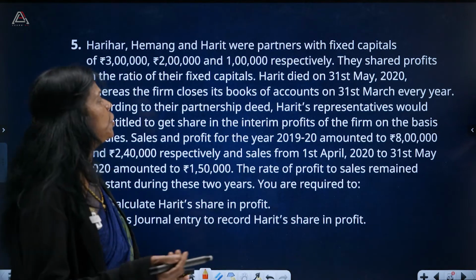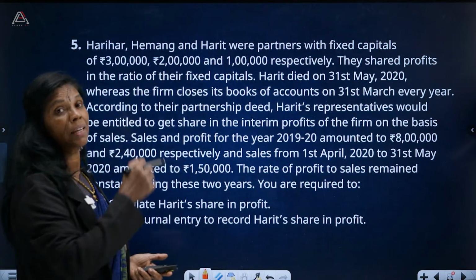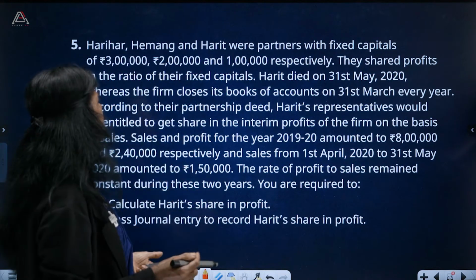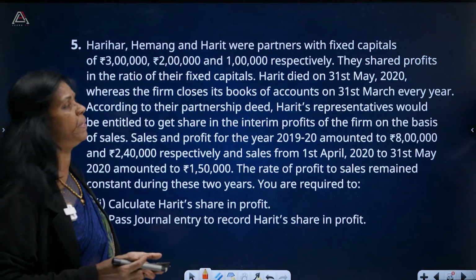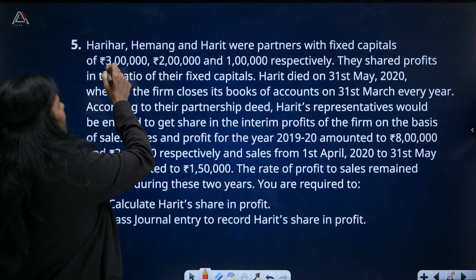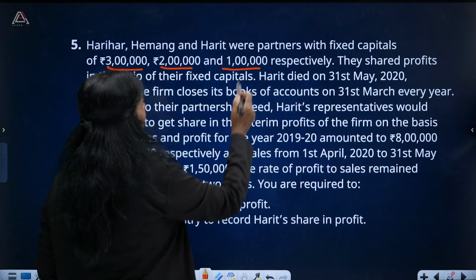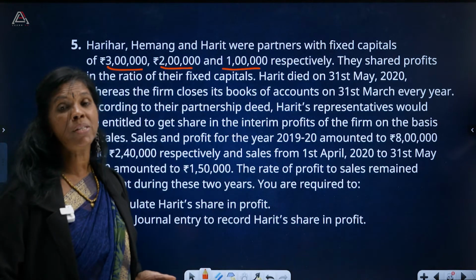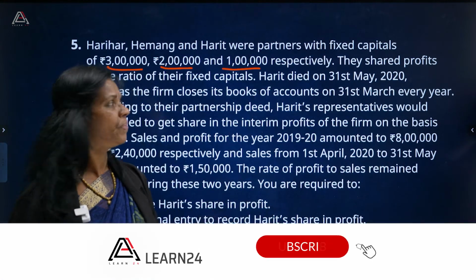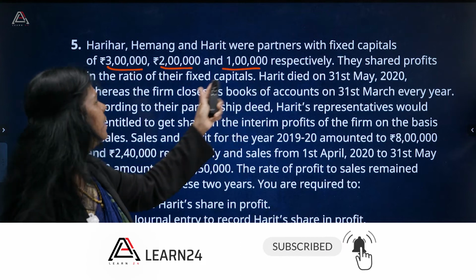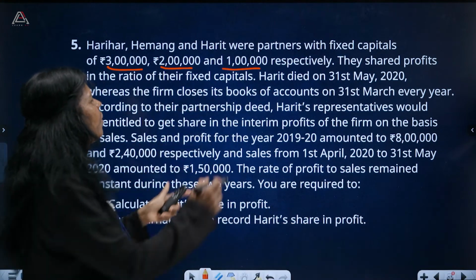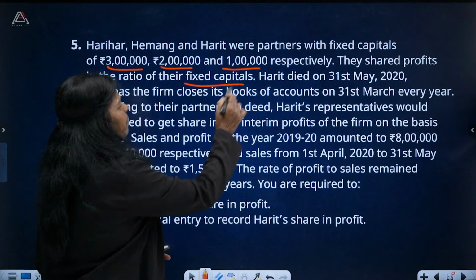So what is the ratio? This is their fixed capital, 3 lakh, 2 lakh and 1 lakh. So their ratio is 3:2:1. It is given in the question, they shared profit in the ratio of fixed capital.